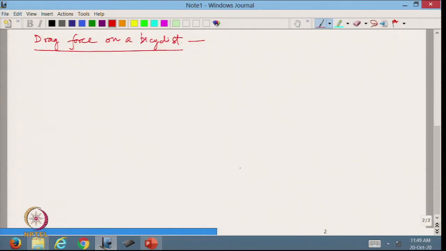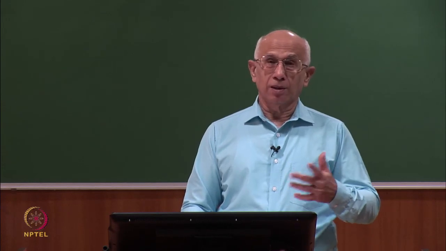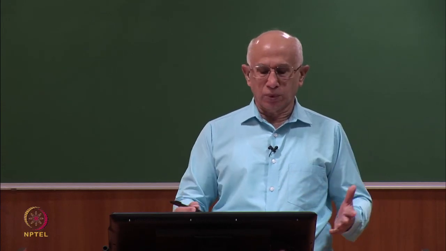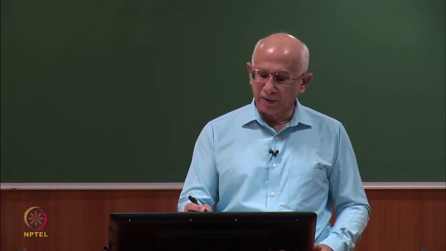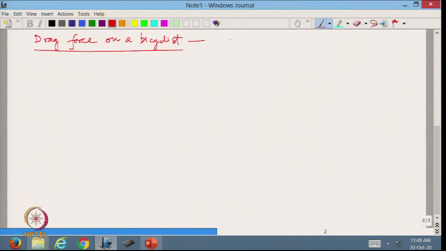So, the person who wants this data will have to now say, well, look, this is fine, I can just pose this as a question and you get me the data. Well, if the person who has to do the experiment says, well, tell me what is the size of the cyclist, what is the speed, there is wind, this is a vector. So, it has got magnitude and direction. Do you want it on a road or a dirt road condition?